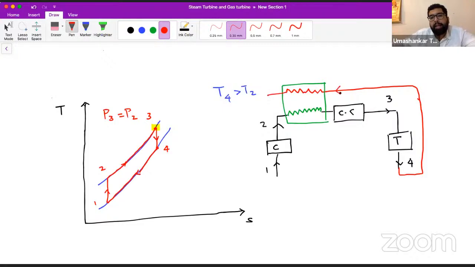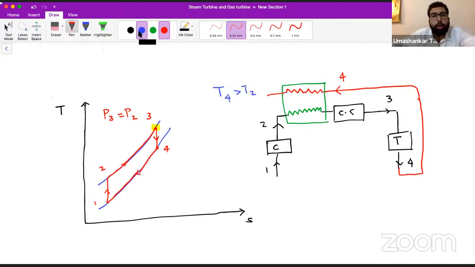High temperature exhaust gas is entering from here, and low temperature air is moving from this green path, and high temperature exhaust gas is coming from this red path.